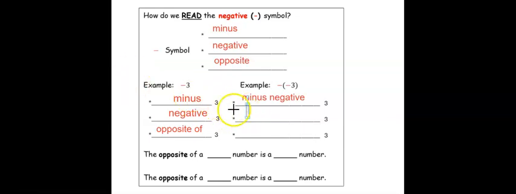Another way we can translate this is to say it can be read as the opposite of. That's the first negative symbol. And then inside the parentheses, we would say negative 3, the opposite of negative 3.